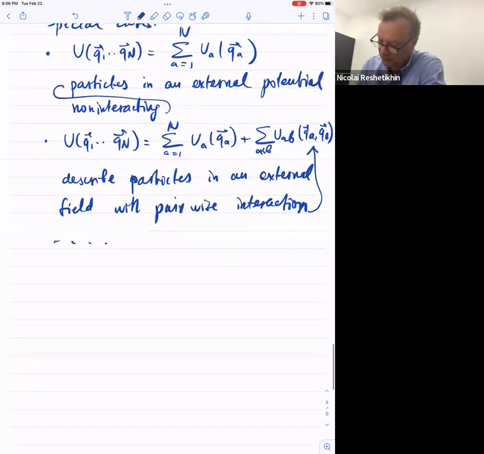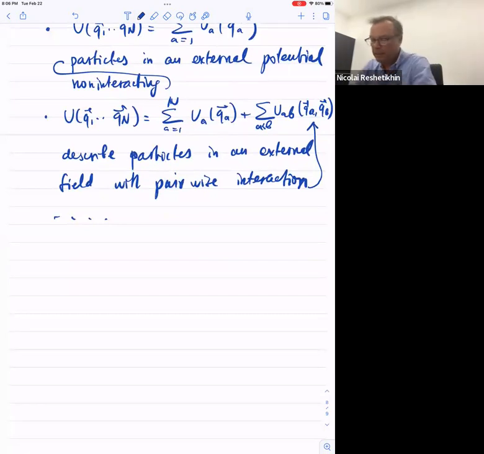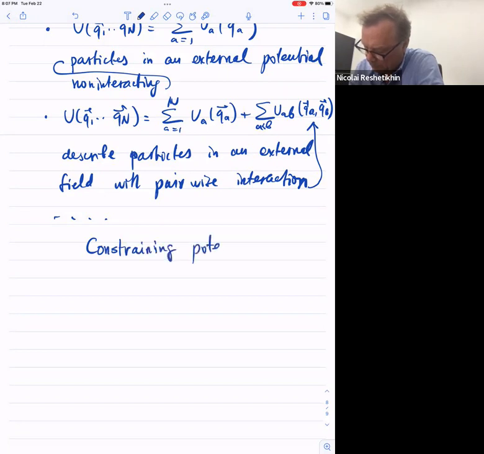So now, I mentioned manifolds at the very beginning. So why manifolds? So far we are quite happy with R3. But imagine the following situation. So now, new chapter: constraining potentials.